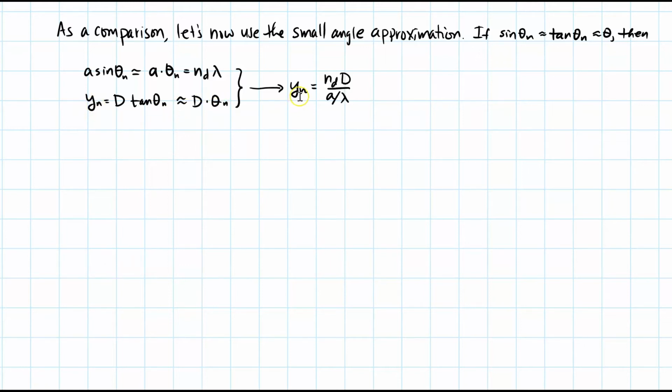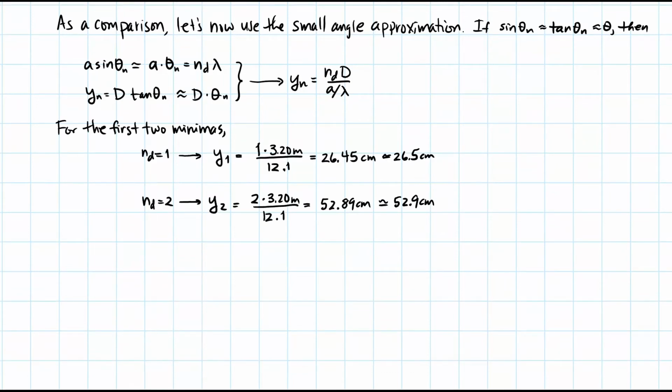The location of the minima then is nd times big D divided by the diffraction parameter. For nd equal to 1, I get y1 equal to 26.5 centimeters. For nd equal to 2, I get 52.9 centimeters.